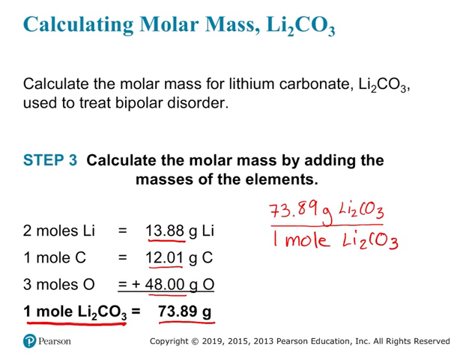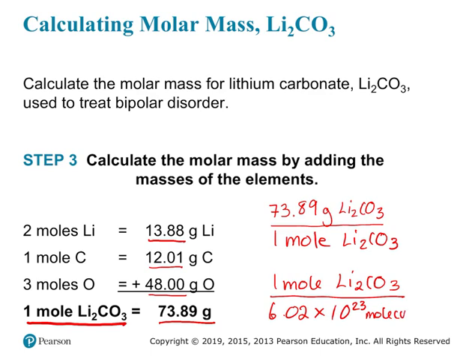And we also know that 1 mole of lithium carbonate is equal to 6.02 times 10 to the 23rd molecules or compounds of lithium carbonate. We would probably actually use a term called formula unit. Ionic compounds we refer to as formula units, and then covalent compounds we refer to as molecules, but that's okay. For now, we'll just use the word molecule.